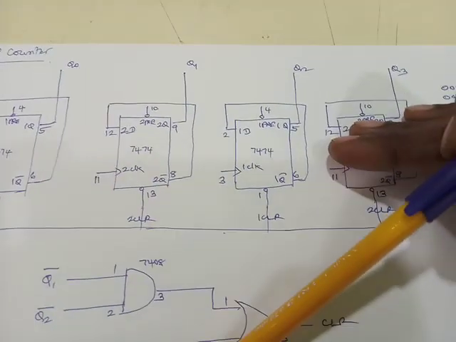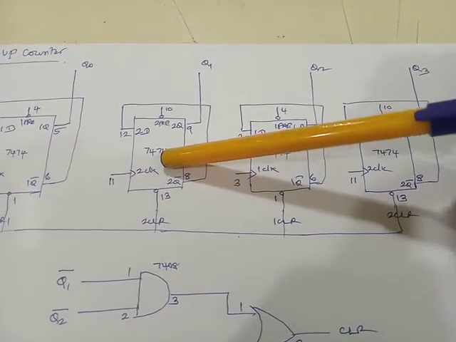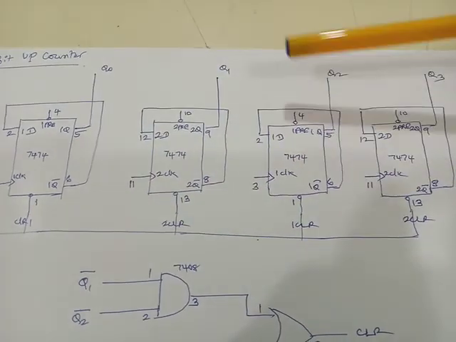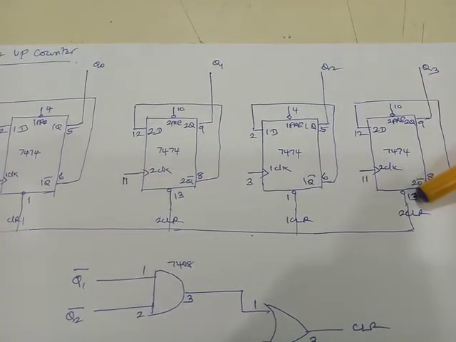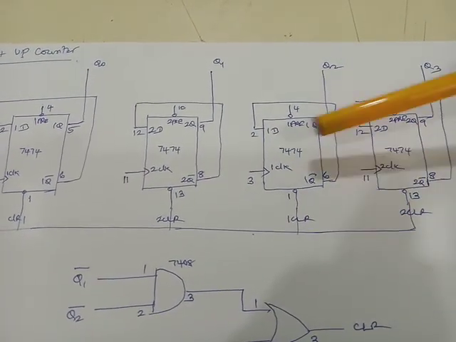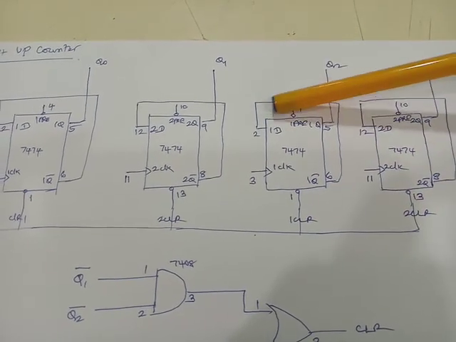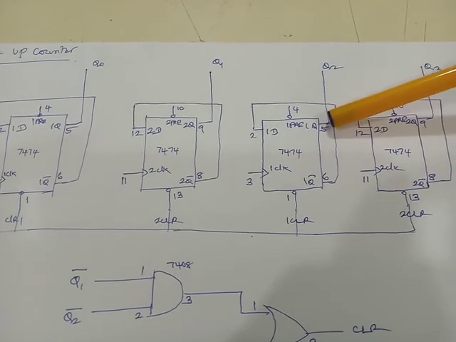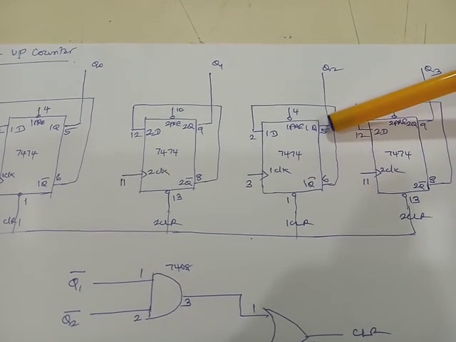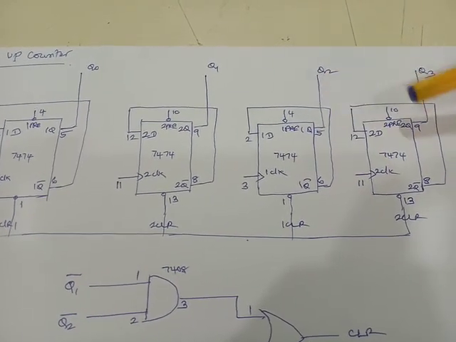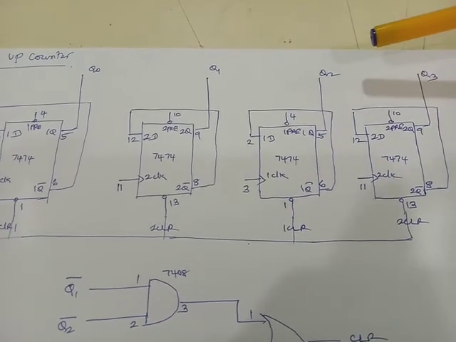In the other 7474 we make the same connections as before: pins 4 and 10 are the preset, pin 1 and 13 are the clear, pins 3 and 11 are the clock, and pins 2 and 12 are the inputs. The outputs of the third and fourth flip-flops are pin number 5 and pin number 9.